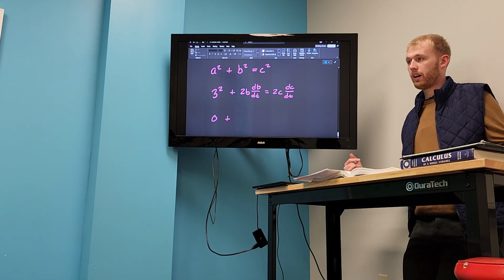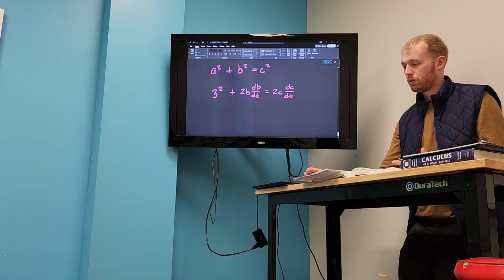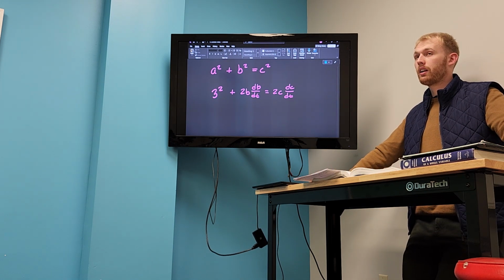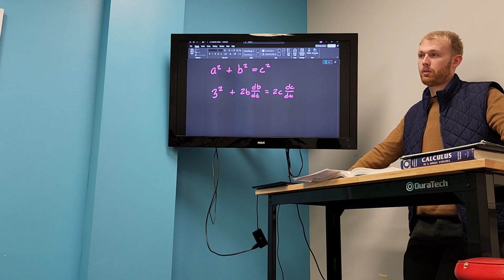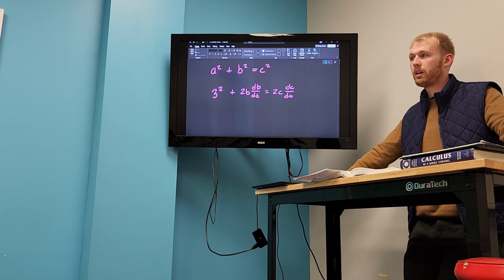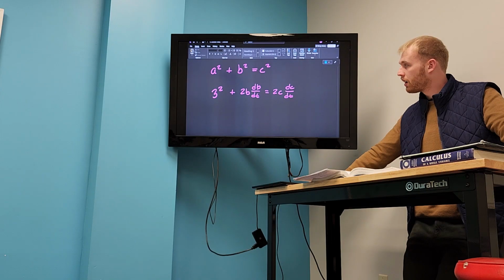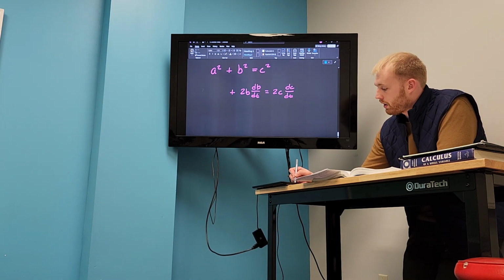Or, totally fine, you can write 2a times dA over dt, but then you plug in 0 for dA over dt, and that term will go to 0. Either way works. Make sense? Okay. So I'll leave it the way that Jonah said it, which is 100% fine.